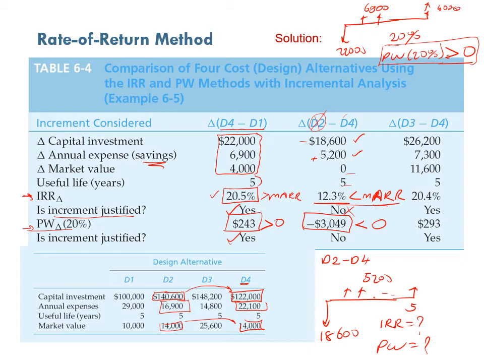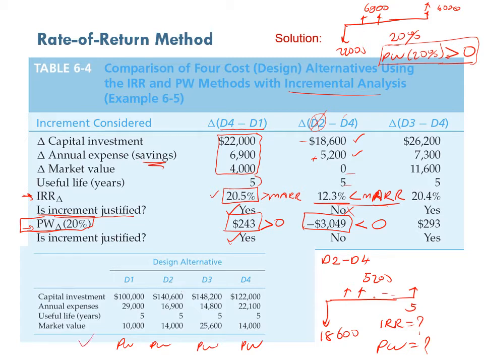But if you don't use incremental analysis but just try to select the project which has the maximum internal rate of return, then you may end up with a wrong ranking and with a wrong decision. But the thing is, look, when you are given these project alternatives, if you want to use the present worth method, you don't need to use the incremental analysis. You can just calculate the present worth of each one of them separately and select the alternative which maximizes the present worth.